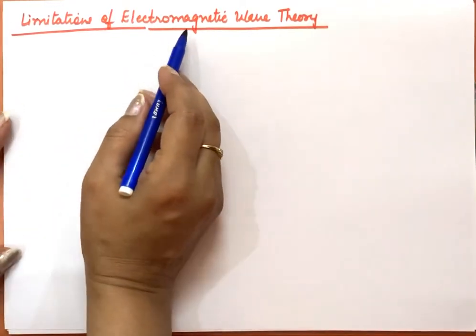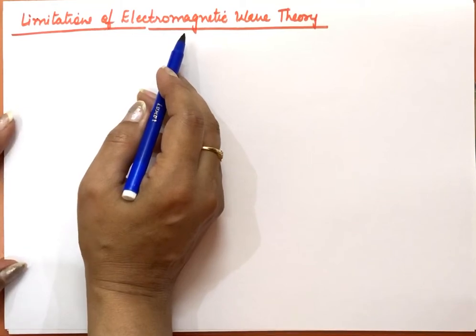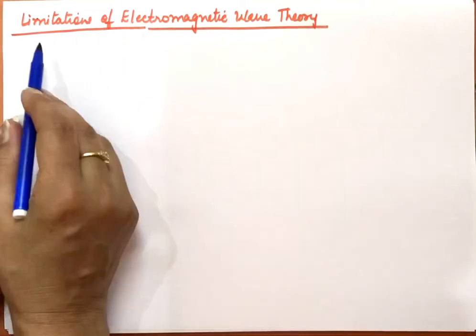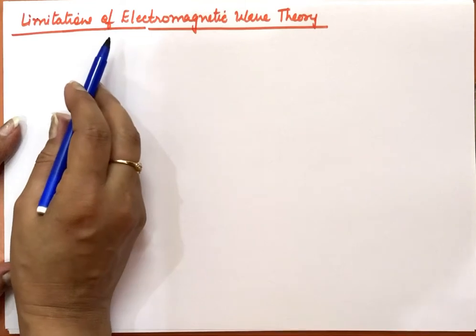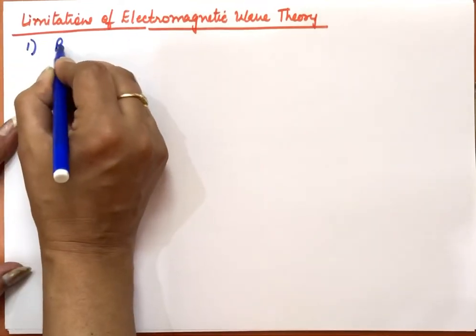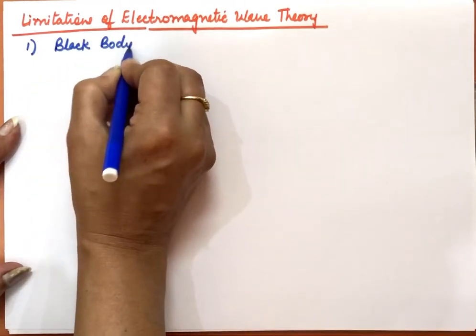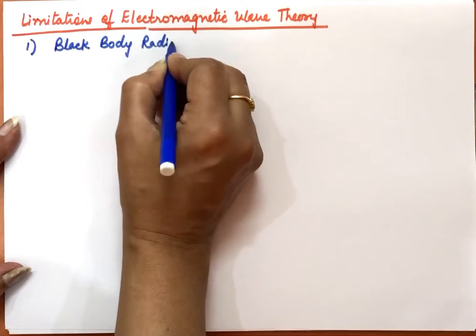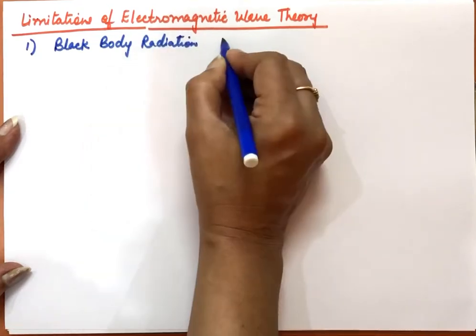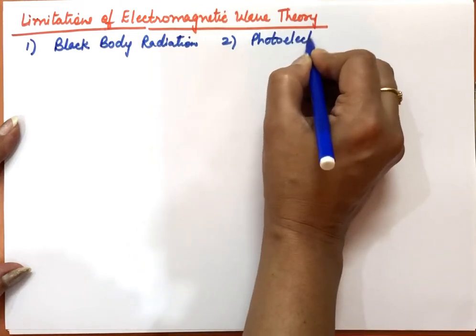Next topic after electromagnetic wave theory, characteristics of wave and electromagnetic spectrum that we have covered, is limitations of electromagnetic wave theory. Electromagnetic wave theory could not explain some of the phenomena like black body radiation phenomenon. Then it could not explain photoelectric effect.